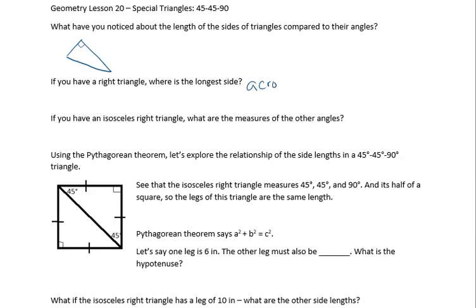It's across from the right angle. We call that the hypotenuse. Remember, that's the name of the side that is across from the right angle.